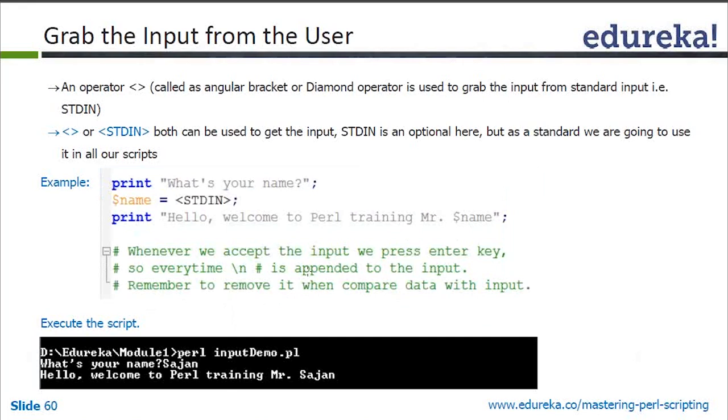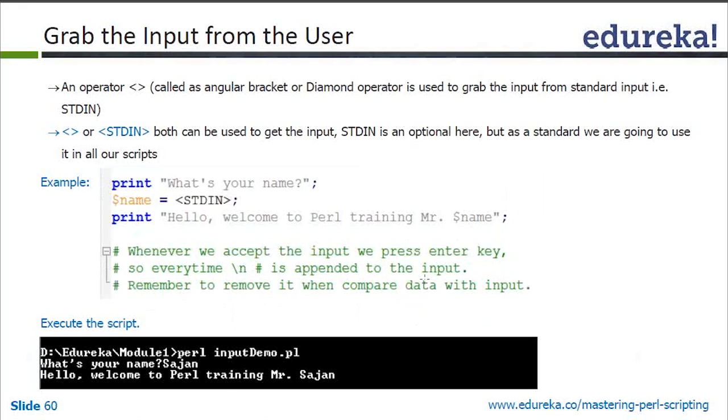If we want to compare the output, we must remove this \n. I guess chop does not leave this \n appended, but chomp will. As we go further, we will understand how it works.